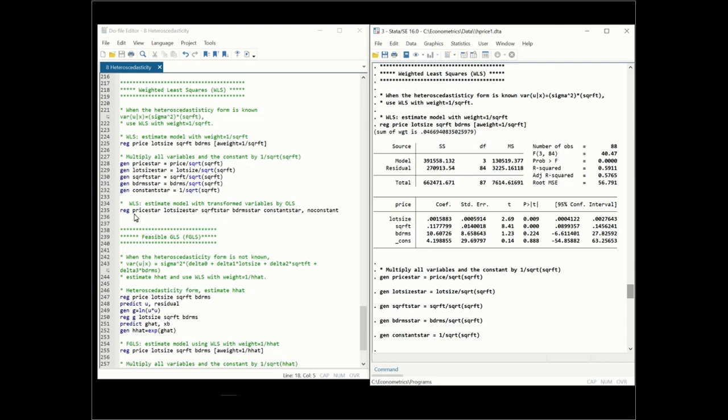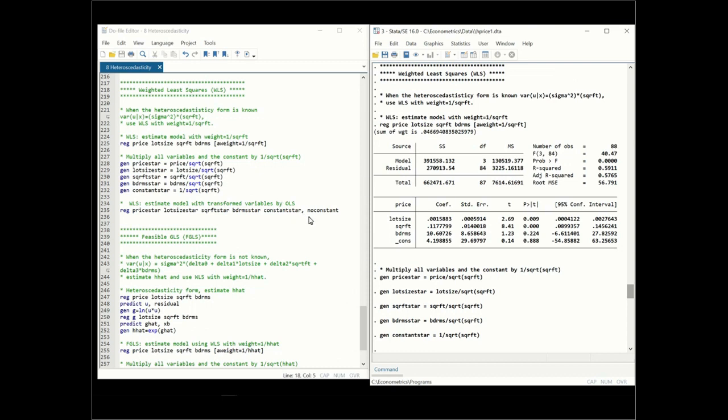So here we would be running regression, and these are our modified variables, where all of them are multiplied by 1 divided by the square root of the square footage. And then we would do no constant, because the constant itself also has to be transformed.